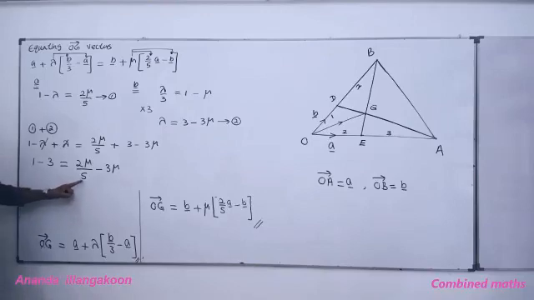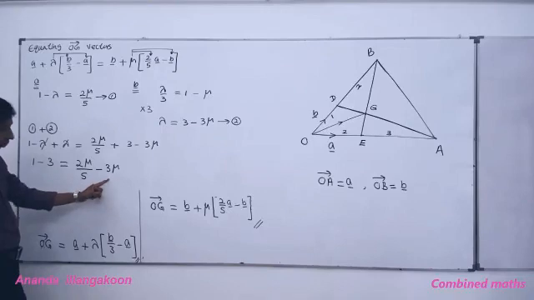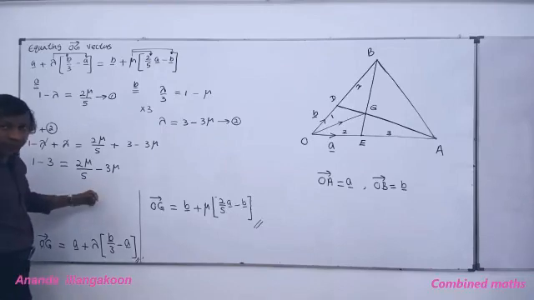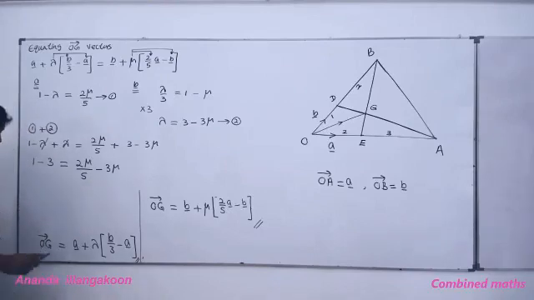Now multiply both sides by 5, taking the common denominator 5 on the right hand side also. Here, what is 1 minus 3? Minus 2. When you multiply that minus 2 by 5, we get minus 10, equals 2 mu, since the 5 and this 5 cancel down.